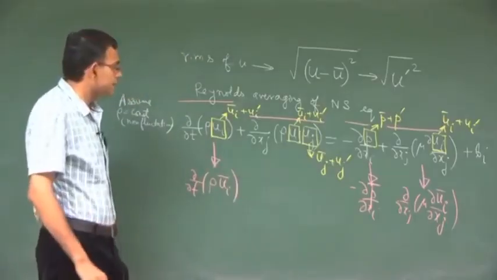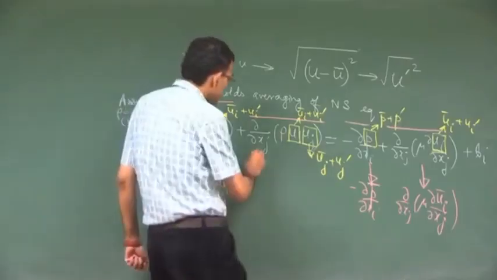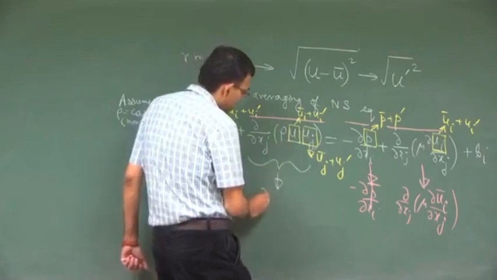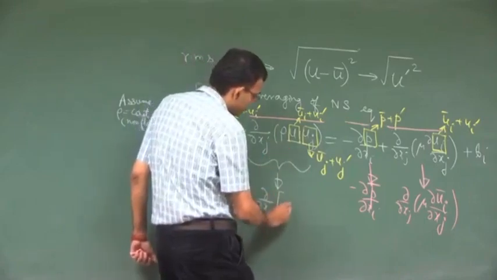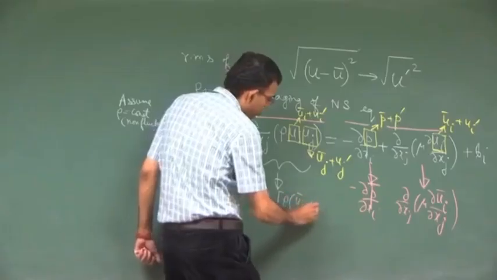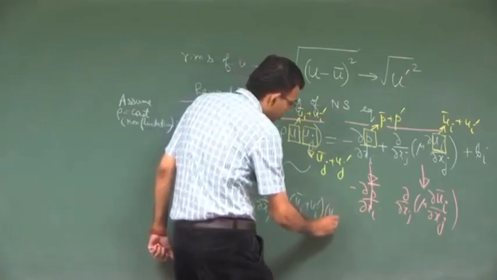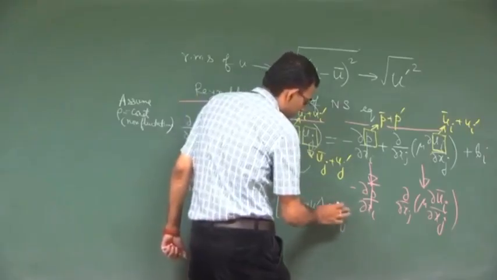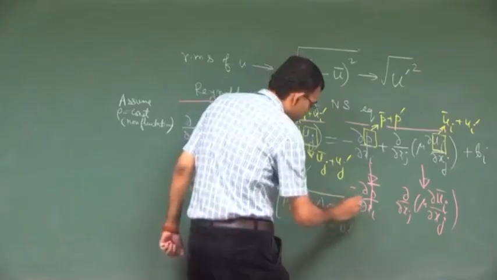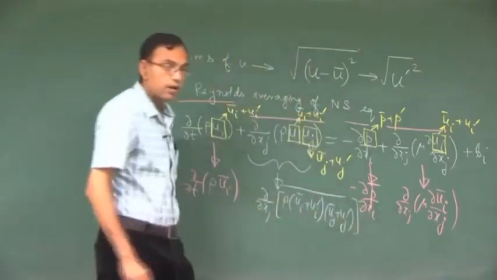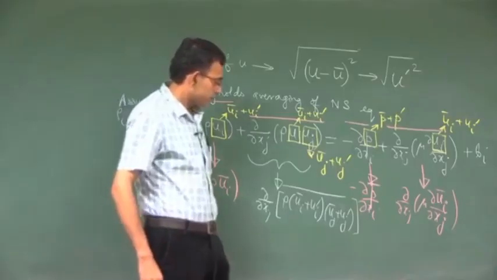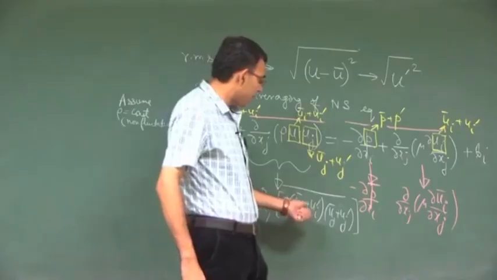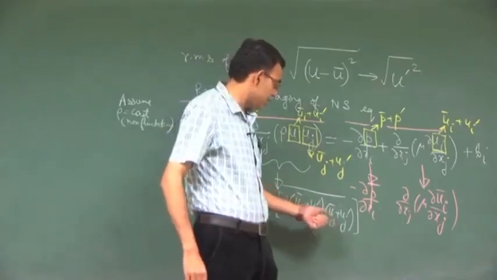So, if you do that, this term remains, and this term has to be worked out. Let us write this one: ui bar plus ui prime into uj bar plus uj prime, average of that. Now, ui bar uj bar, the product of that is fine.